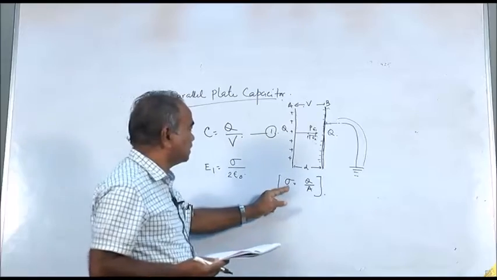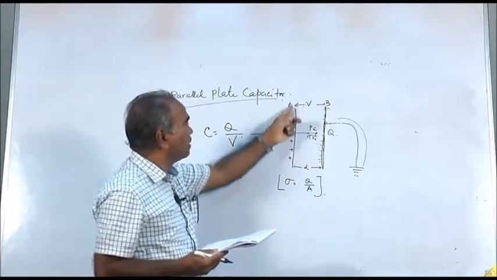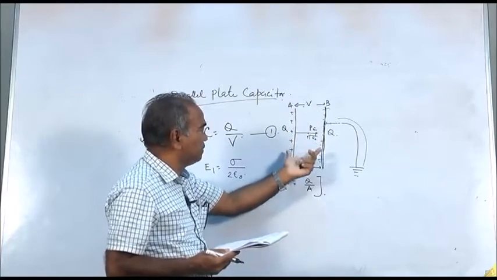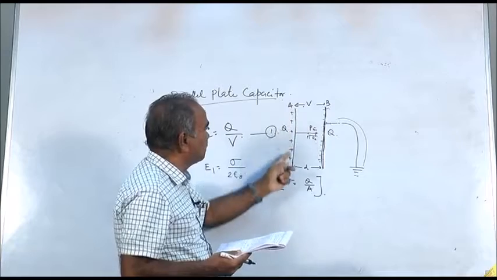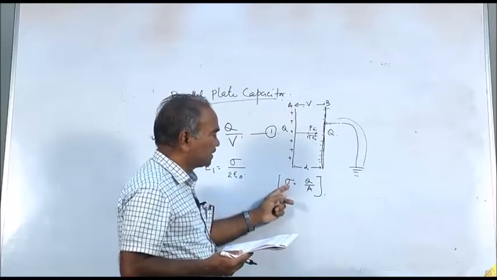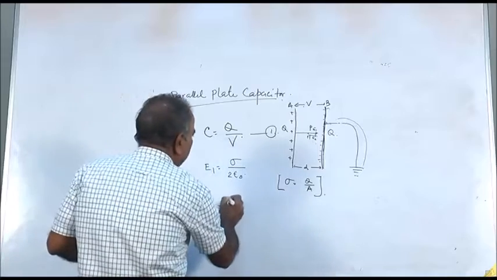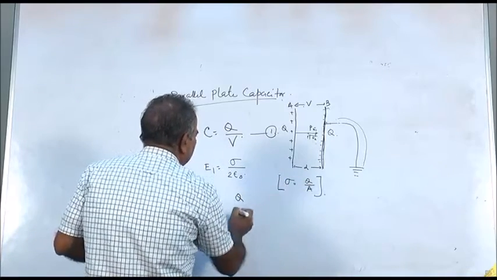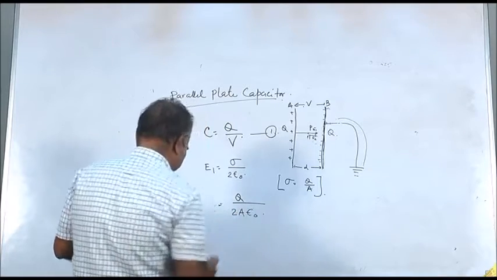Similarly, here charge density means charge by area. If A is the area of both plates, and the total charge developed is Q, then the surface density of charge is sigma equal to Q by A. Putting the value of sigma, E1 is Q by 2A epsilon 0.